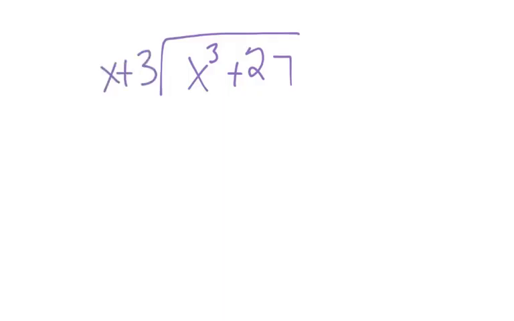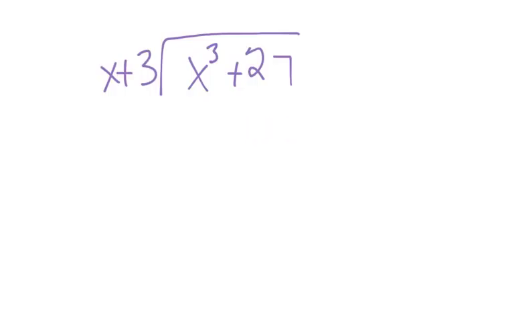Let's do one more example. We have x cubed plus 27, and we're going to divide that by x plus 3. Let's set this up. Notice that I am missing an x squared and an x, so I'm going to want to include those, and I'll show you how.